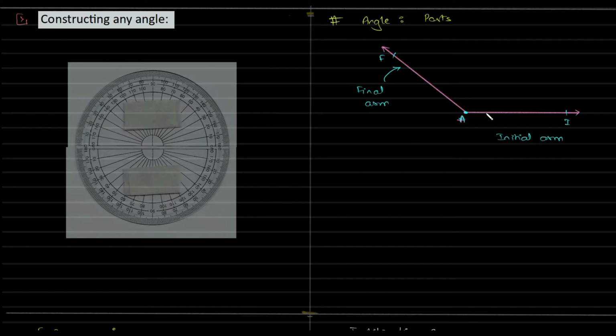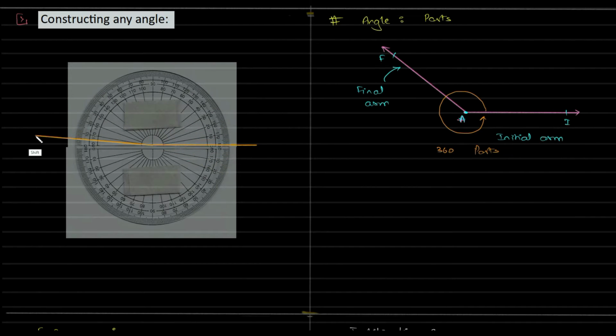The basic funda of a protractor is that one entire rotation is divided into 360 parts. One complete rotation is an arm going around the entire thing and coming back.